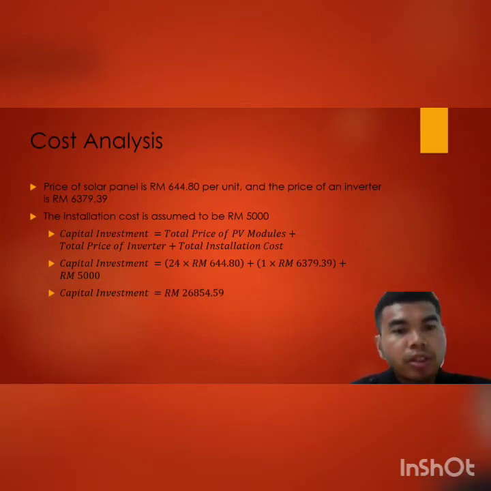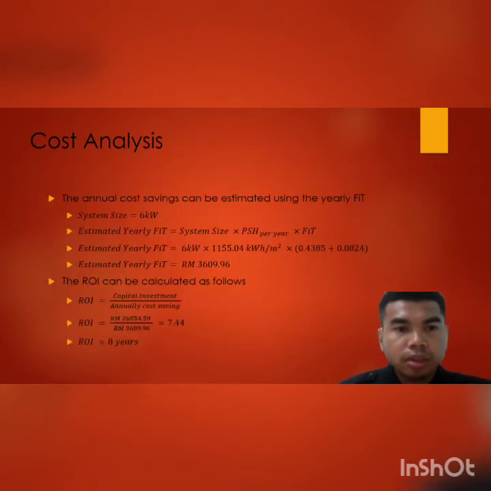For the installation of the PV system, we assume about 4,000 ringgit, and the capital investment, which is the cost of the material for solar panels and inverter, is about 26,858 ringgit 59 cents. For the annual cost saving, we estimate a yearly system size of about 6 kilowatt, and the ROI, which is return of investment, is about 8 years.